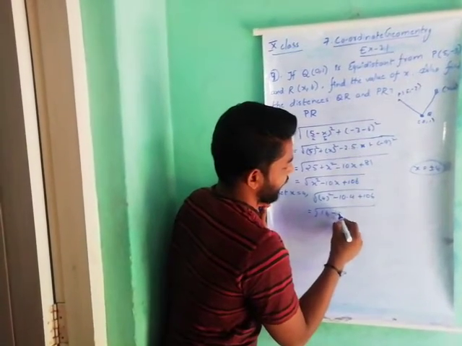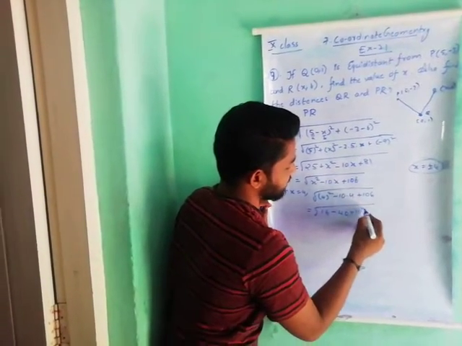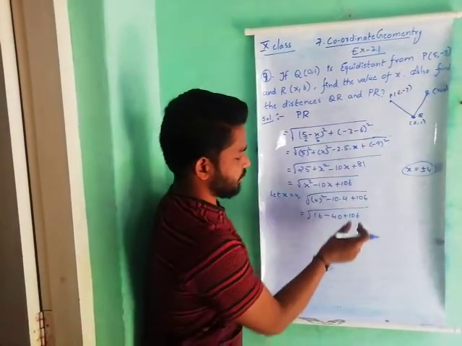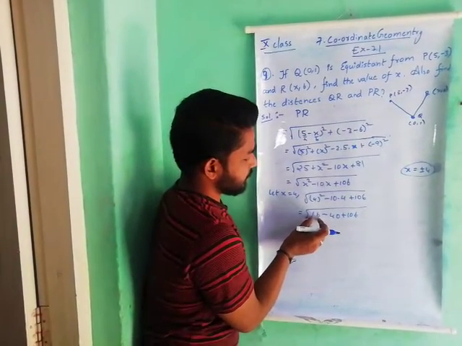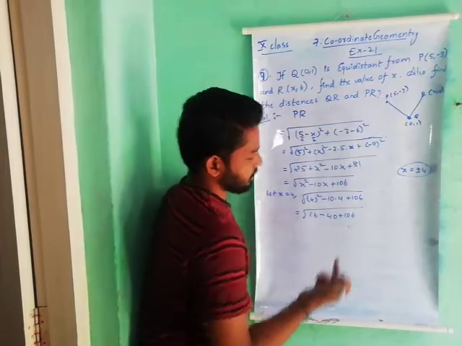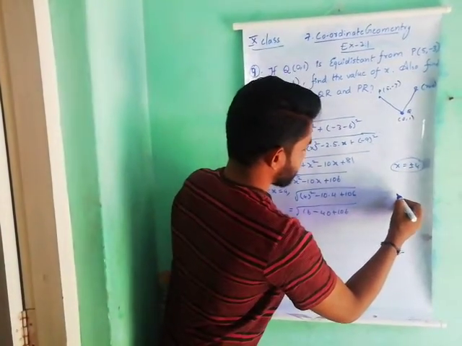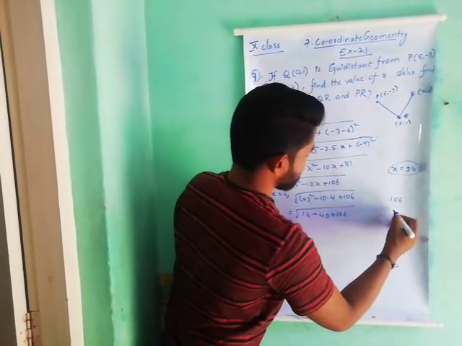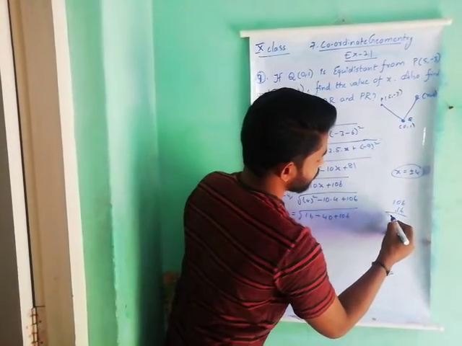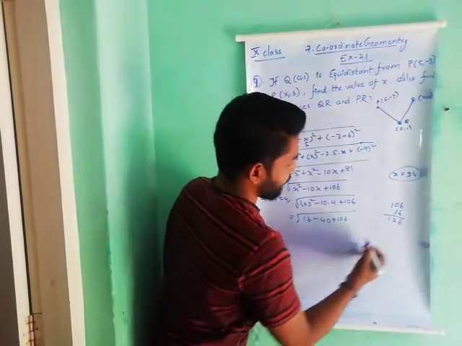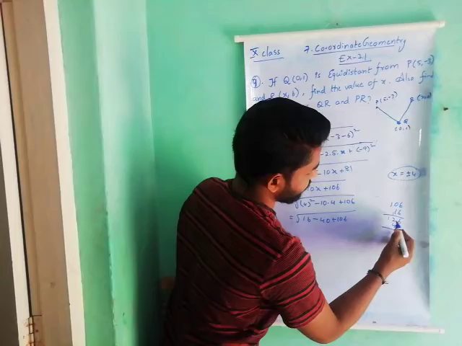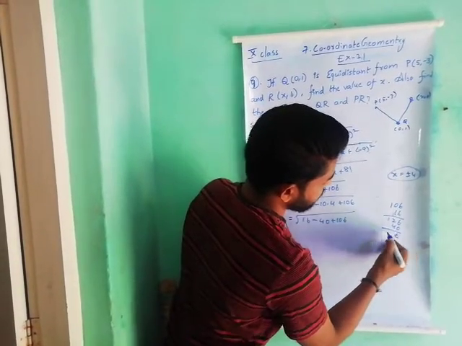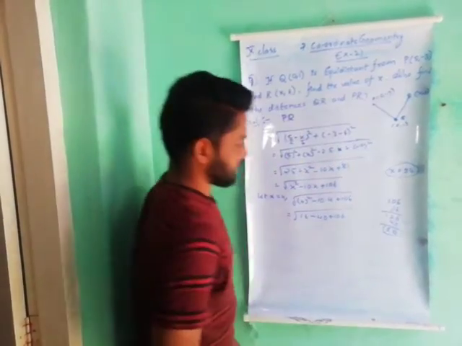That is 16 minus 40 plus 106. 106 plus 16 is 126, minus 40 gives 86.